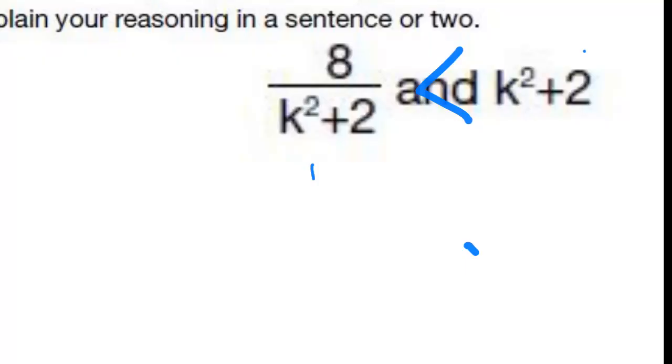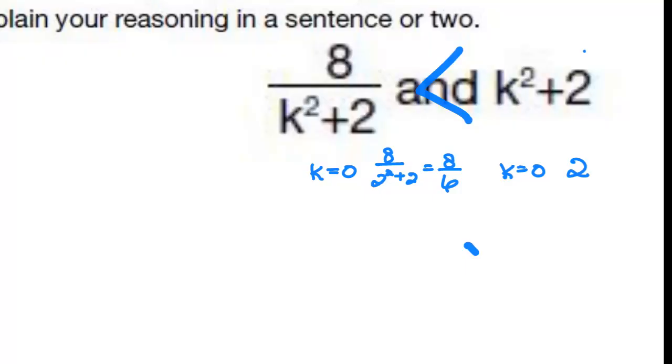So if I let k be equal to 0, then over here I get 8 divided by 2 squared plus 2, which is 8 divided by 6. If I let k be equal to 0 over here, I get 2. Is 8/6 or 2 bigger? Did I do that right?